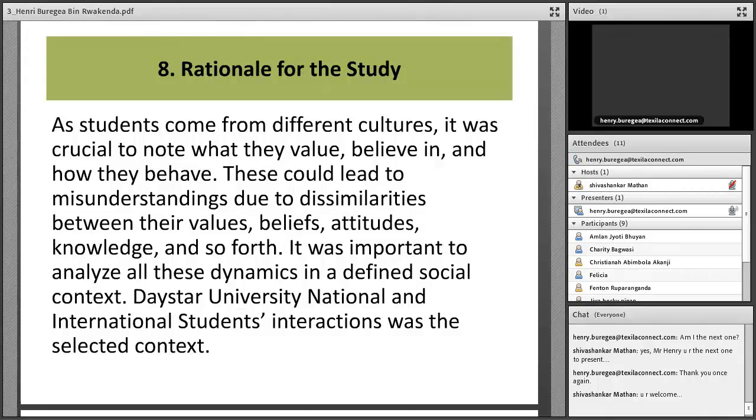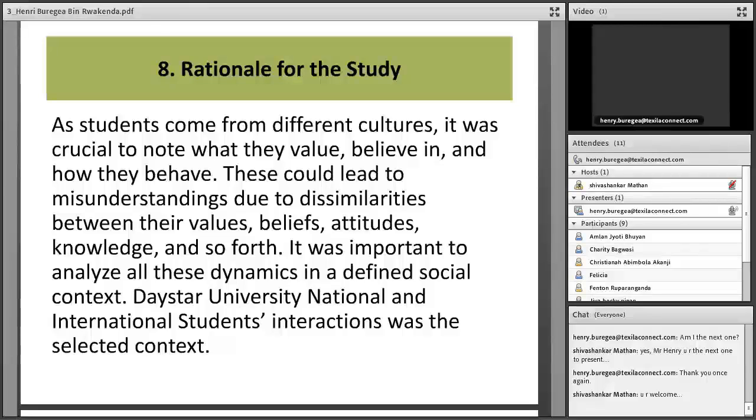There were some limitations, but I want to stress the rationale. Students come from different cultures. It was crucial to note that what they value and believe and how they behave may affect the quality of their interaction. This could lead to misunderstanding due to the differences between their values, beliefs, attitudes, knowledge, and so forth.